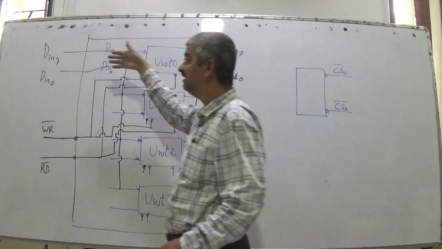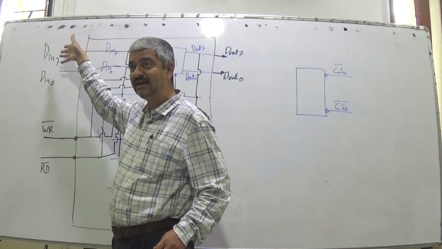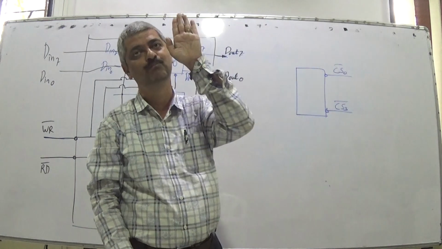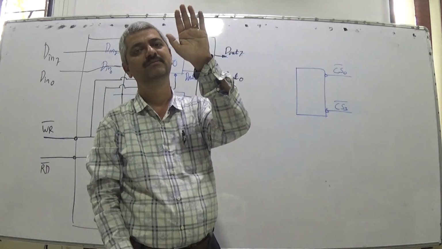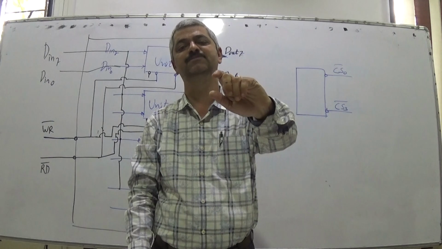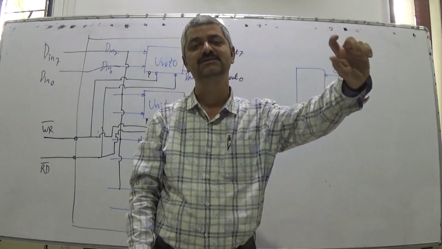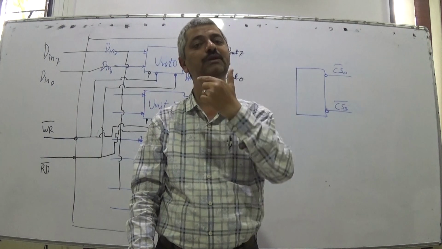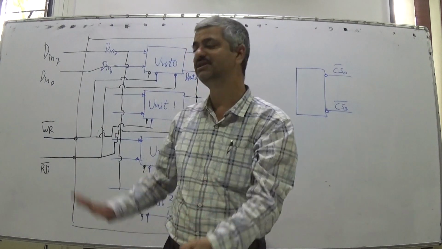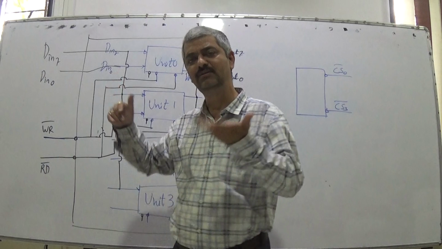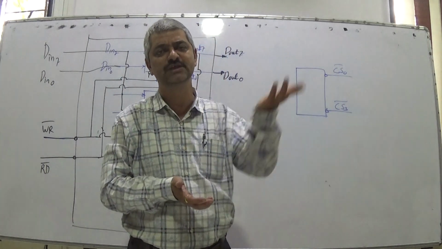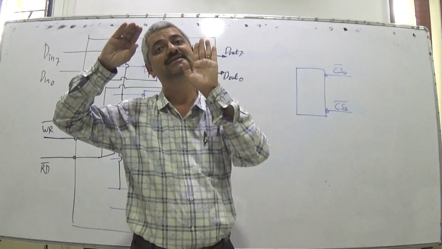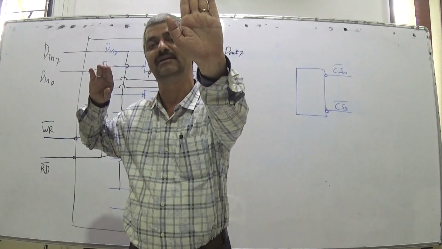Means using these 8 data lines, I have put one 4 byte memory cell. Just like you are using one Walchand College file, you have some hobby class, so your eyes are the same. In front of you, you will use that hobby class file. So this is the 4 byte memory cell. You don't want to use any of these units. So data lines are common. On the same data lines, another multiple byte memory cell will be there.